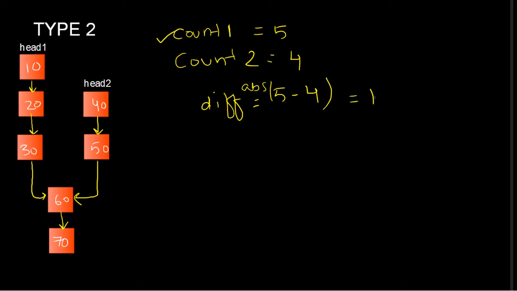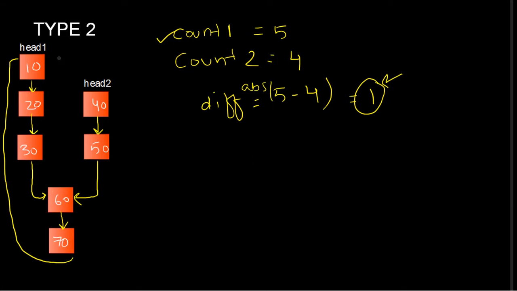Now we know whichever of the linked lists is longer, increment it by the difference. Alright, can you understand this? Now as we can see, this linked list is longer. Alright, so what we can do? We found the difference here. The difference is 1. So what we can do now?